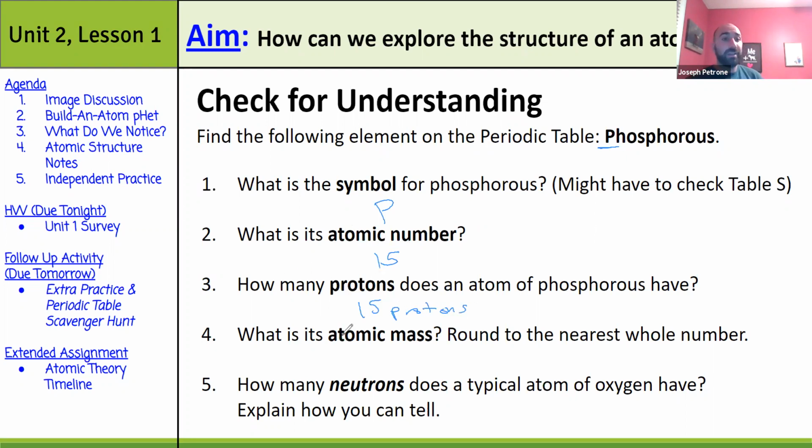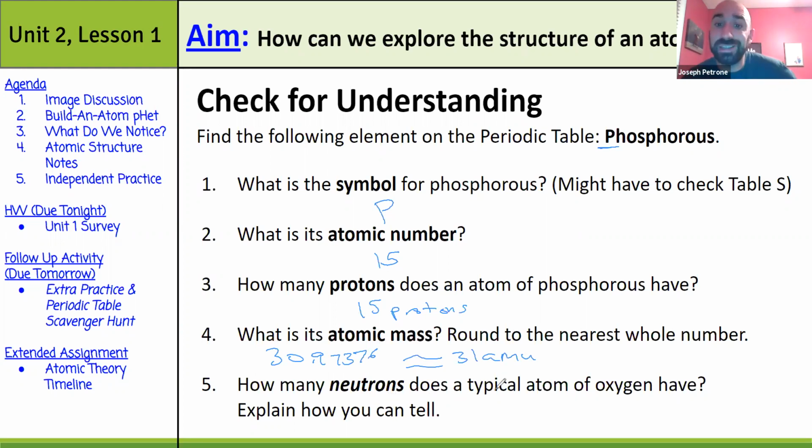Now, if you look at that top left corner, you will see the atomic mass. And it asks us to round to the nearest whole number. So the mass that's given on the periodic table is 30.97376, which we're going to round to 31 atomic mass units.